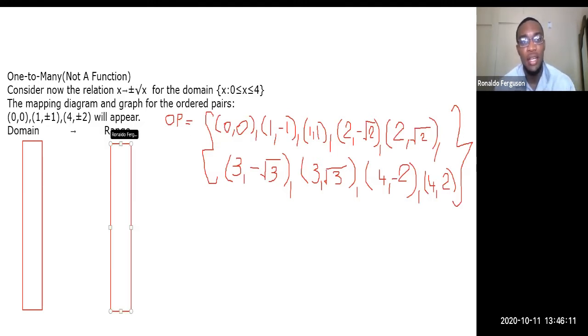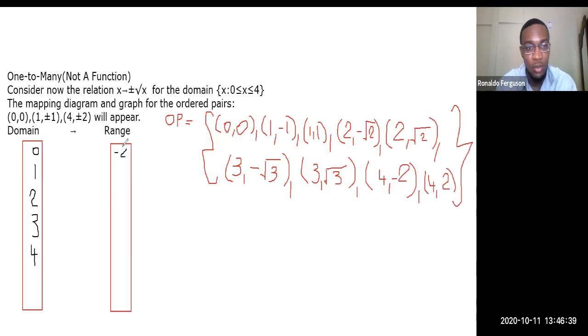And so the corresponding x values are 0 to 4. So we have 0, 1, 2, 3, and 4. Now the corresponding y values are... I like to do it in order. So I'm going to start from the most negative, which is negative 2.